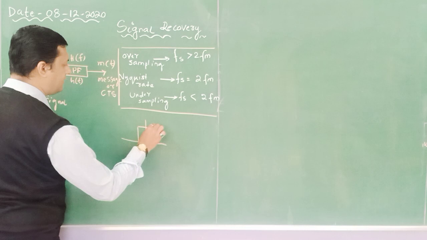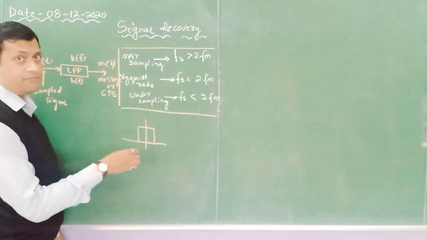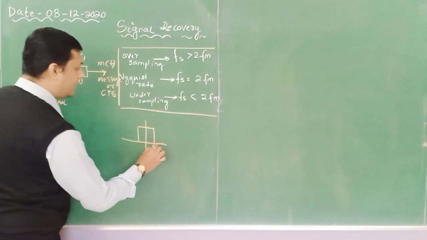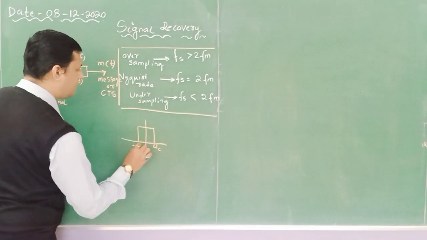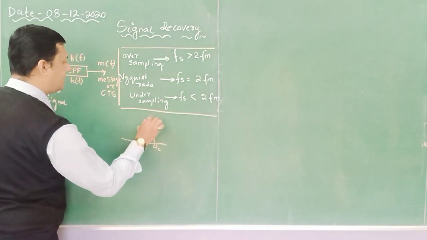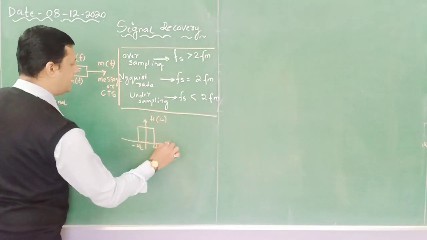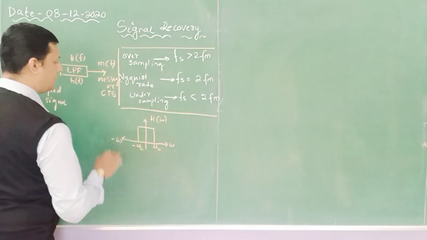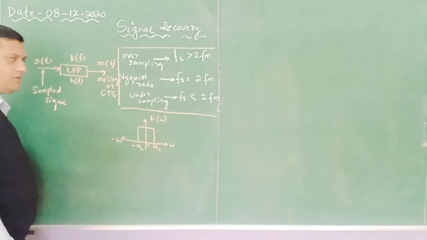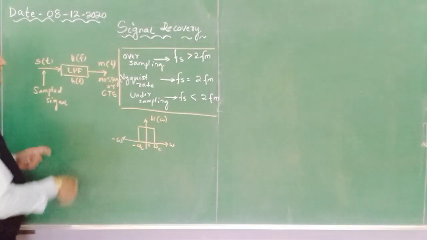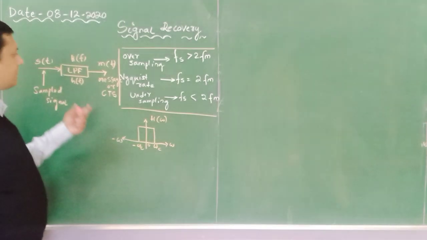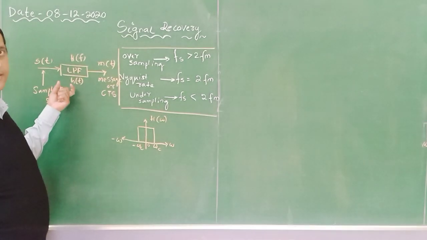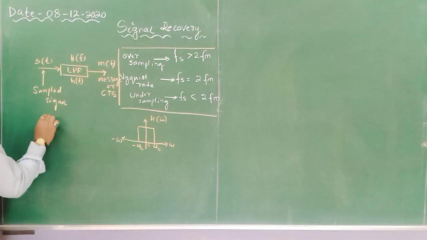Last class I wrote it directly as omega m, but you can write omega c and minus omega c. This is H(omega), this is omega, and this is minus omega, and this is 0. Now when the sample signal passes through this filter, we will get our modulating signal.